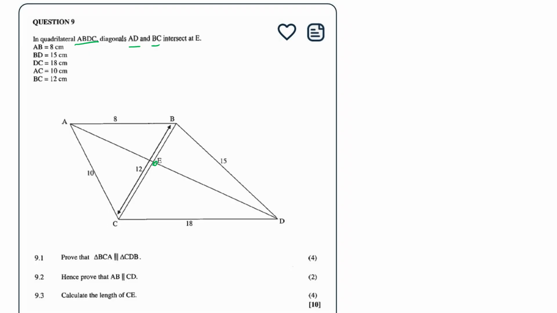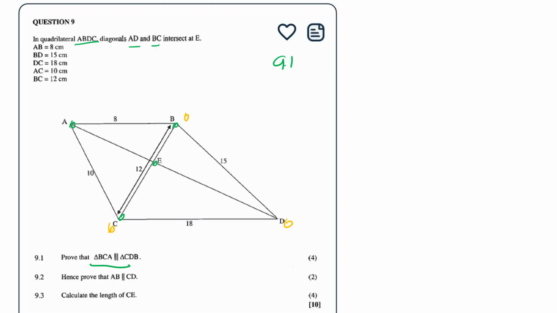Now 9.1 is saying: prove that triangle ABC is similar to triangle CBD.